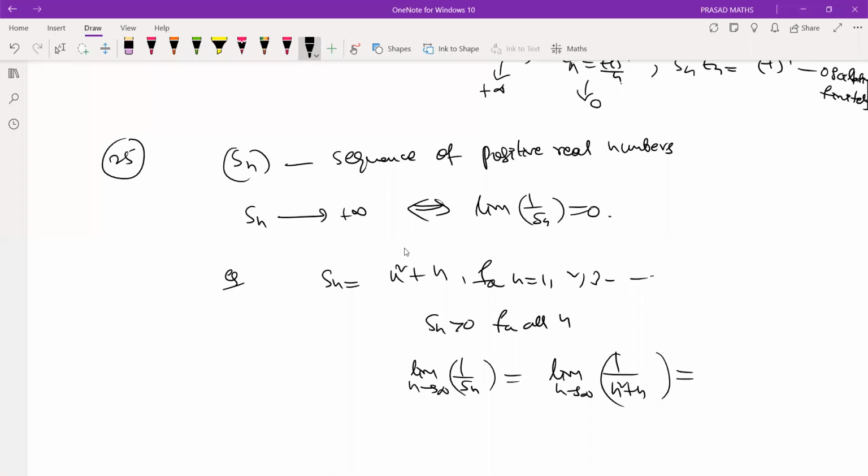Whenever n is large, this is 0. So the limit of the reciprocal being 0 means the sequence tends to plus infinity. This is a very standard property in complex analysis as well as real analysis.